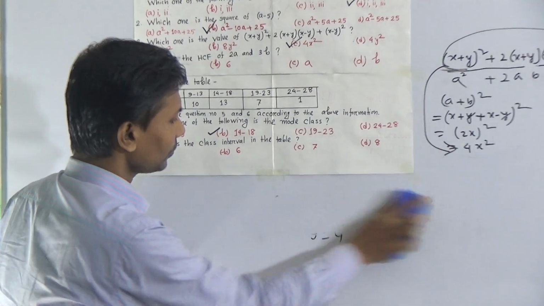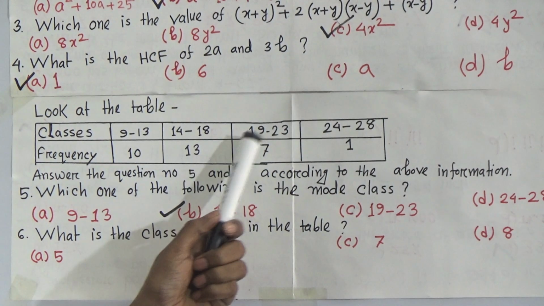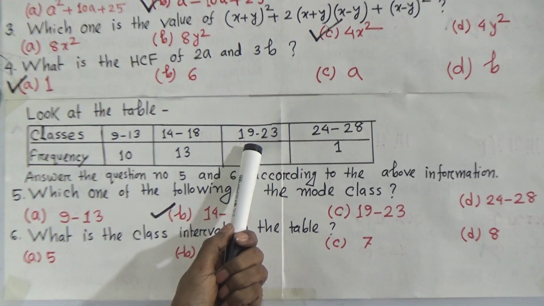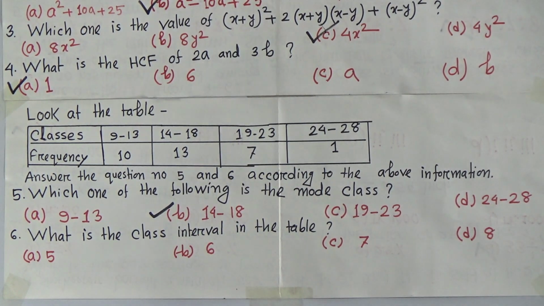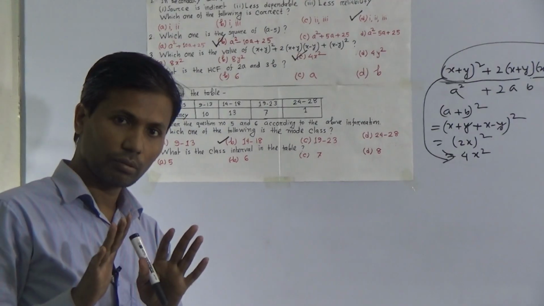Similarly, 19 to 23, same, the class interval is 5. But remember, you start counting from 19 to 23. If you subtract 19 from 23, then you get 4.